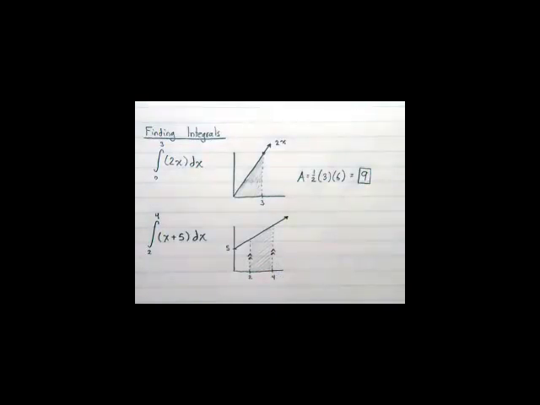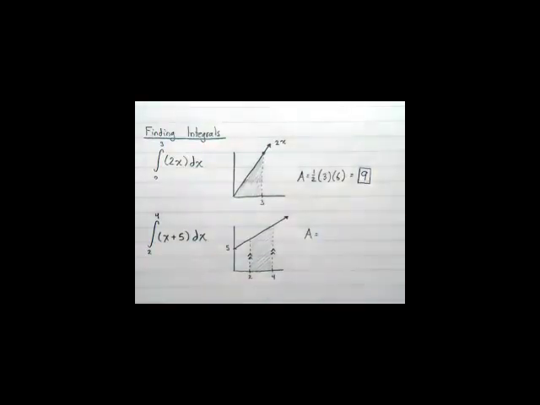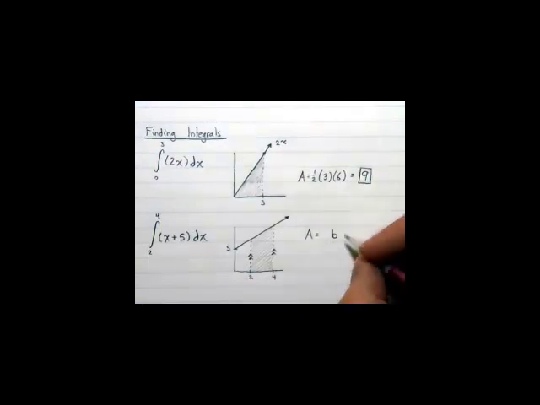A trapezoid, exactly. What's the formula for the area of a trapezoid? It does have base in there. Yeah, there are two bases. So base 1 plus base 2 times the height.